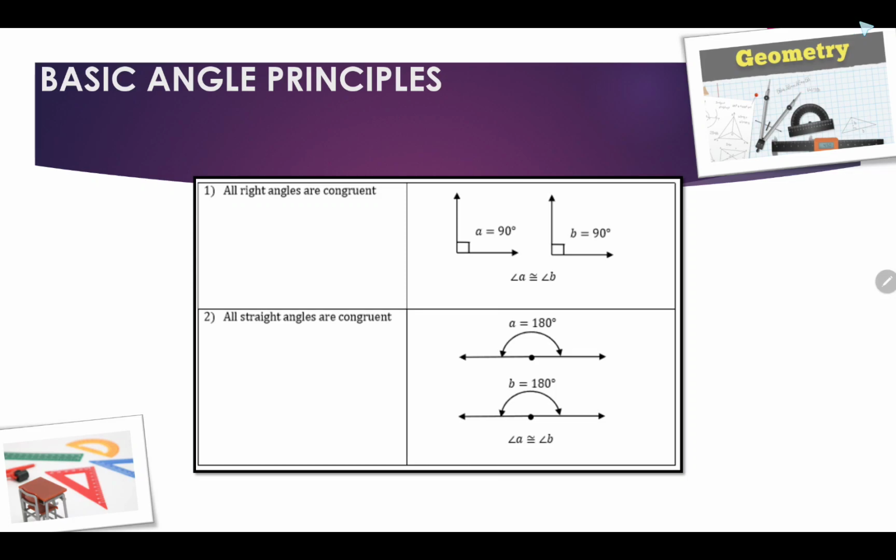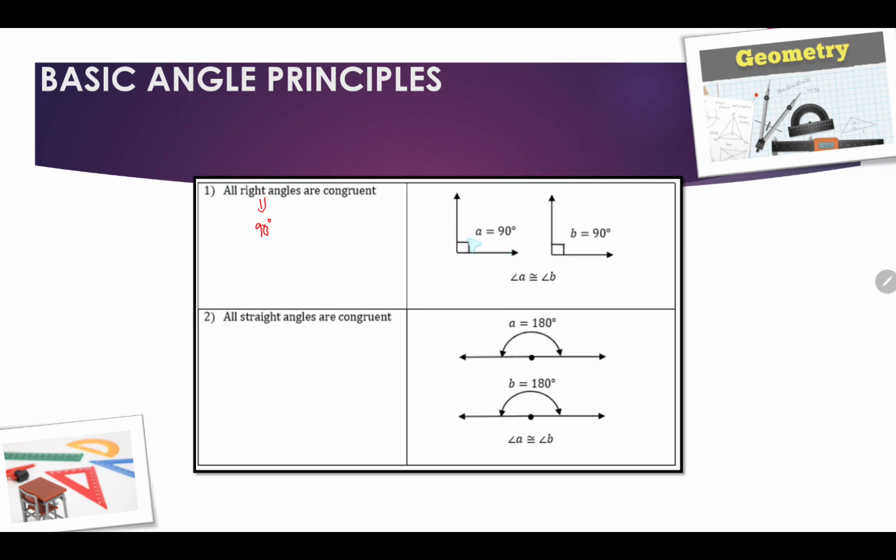These are two principles of basic angles. The first one is about right angles. A right angle measures 90 degrees, and all right angles are congruent.